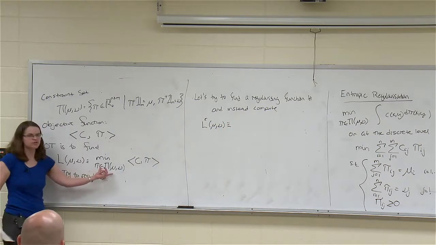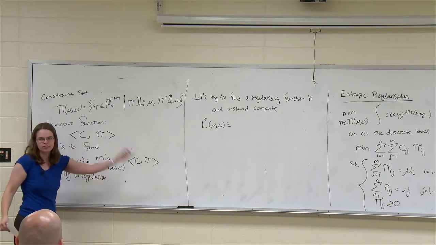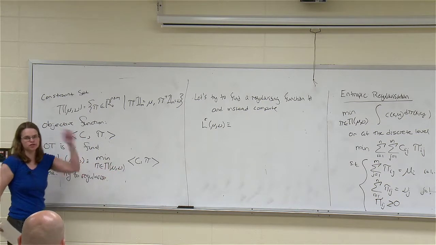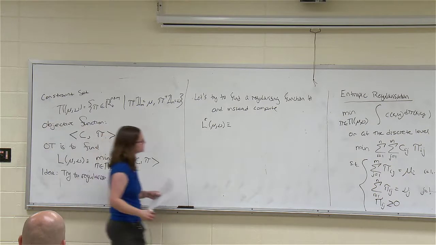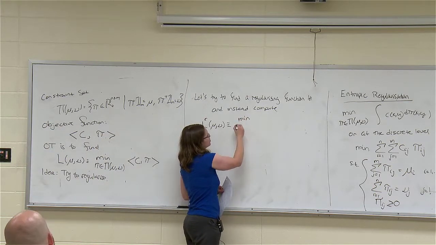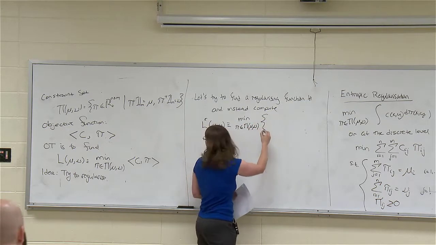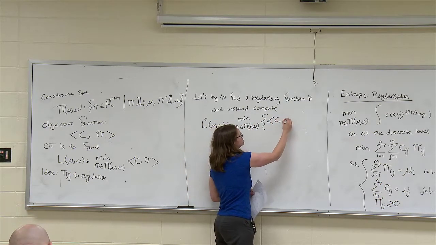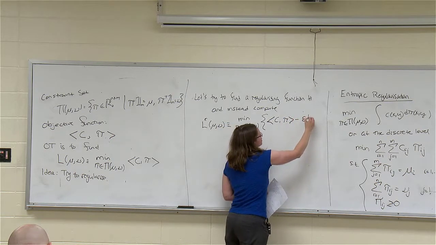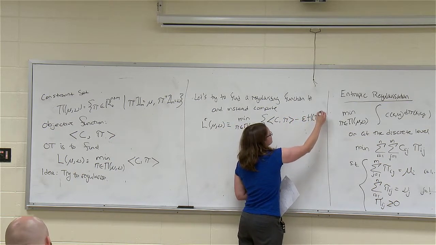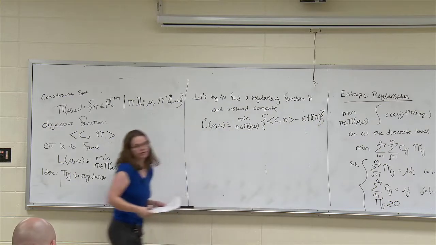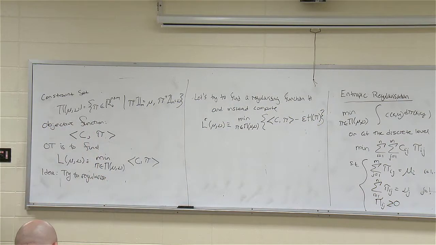I'm going to minimize over the same constraint set, but I'm going to minimize a regularized objective function, which is hopefully easier. So this is going to be the minimum over transport plans of that guy, and then minus some regularizing term. We're going to hope that this is an easier problem if we choose H in a clever way.